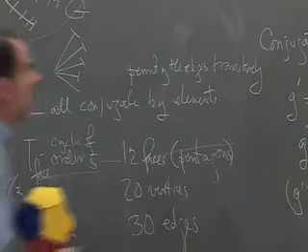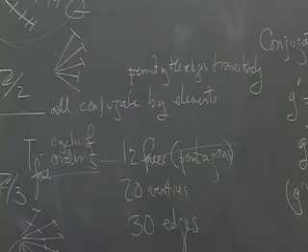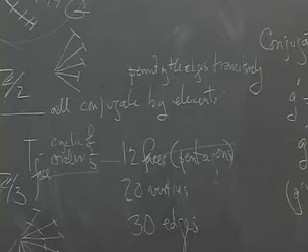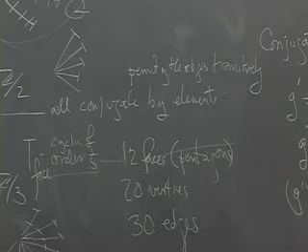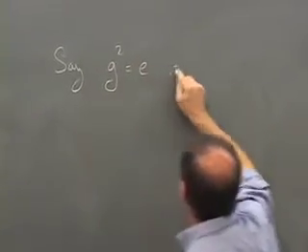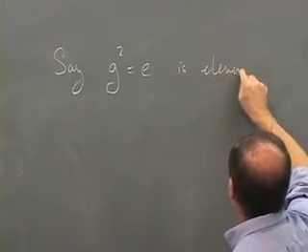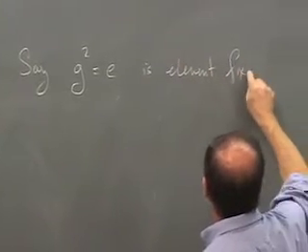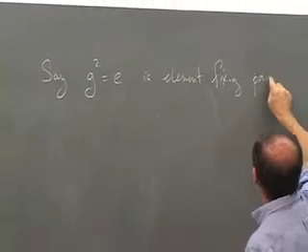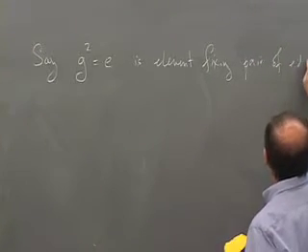So here, let's write it out. Why is that conjugate? Say g squared is equal to identity is an element fixing a pair of edges.